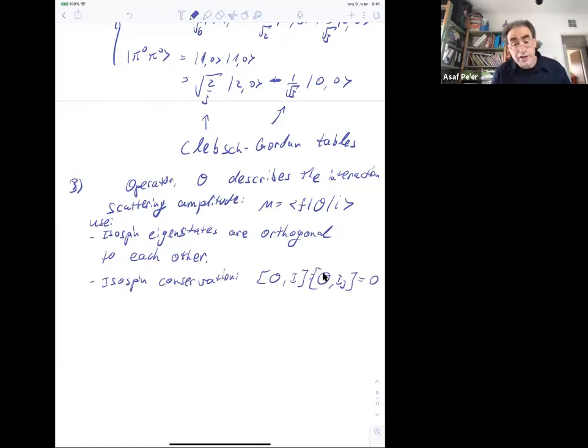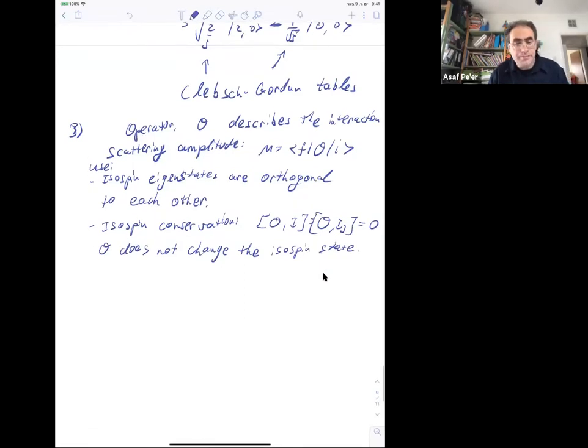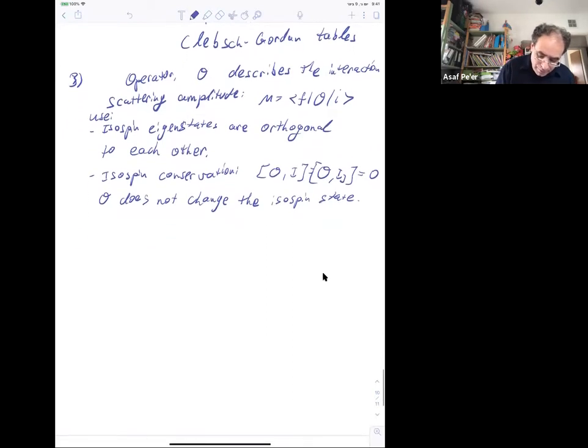So O does not change the isospin state. So we can use only the non-vanishing terms, only the non-zero terms. Be lazy.